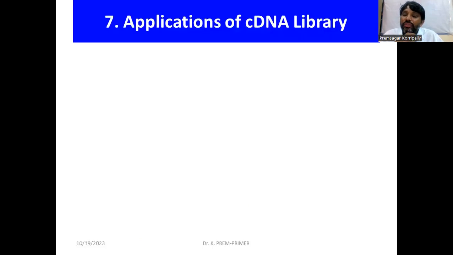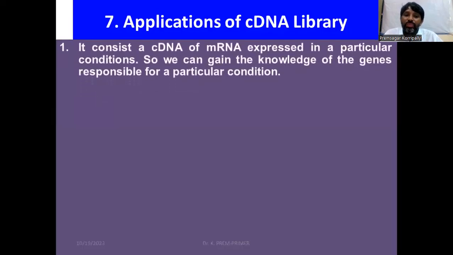What are the applications of cDNA library? Here you can see it consists of cDNA of mRNA expressed in particular conditions. So we can gain knowledge of the genes responsible for a particular condition.